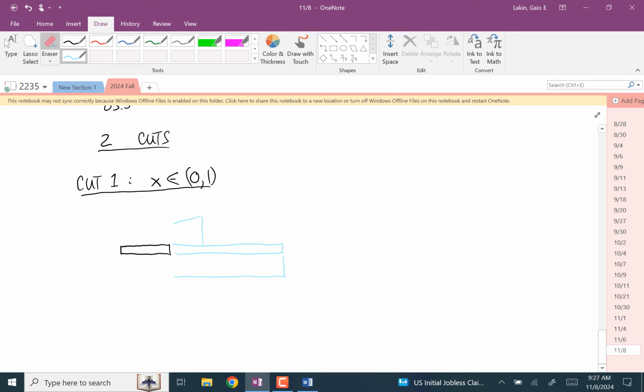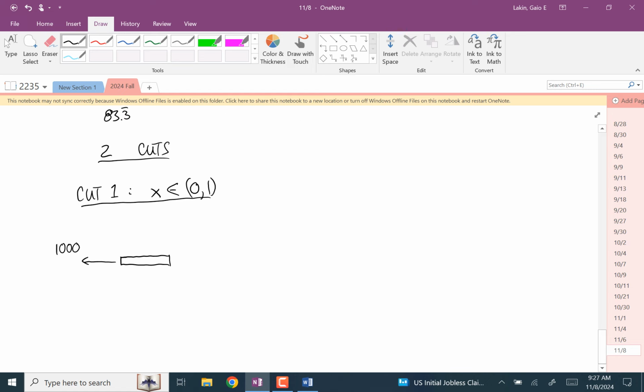So we have the 1,000 Newton force going this way, the 83.3 repeating force up there.